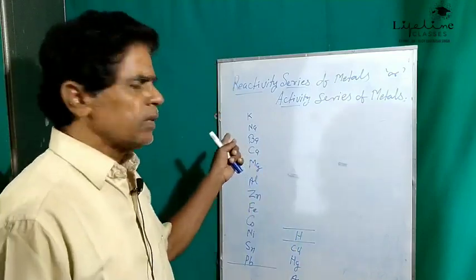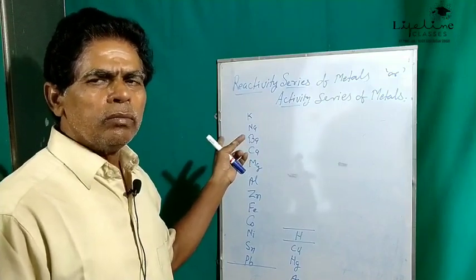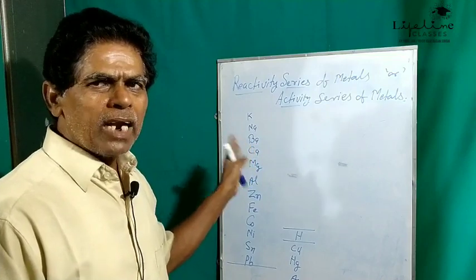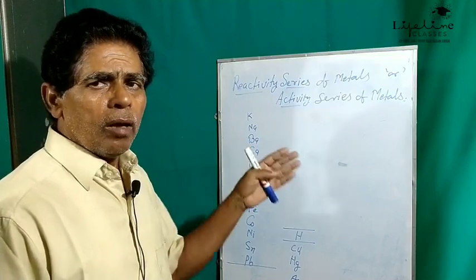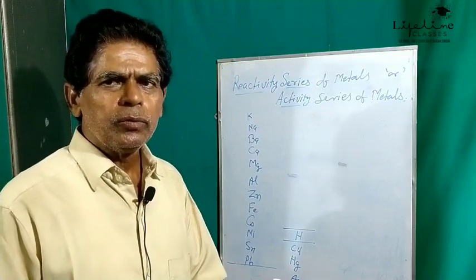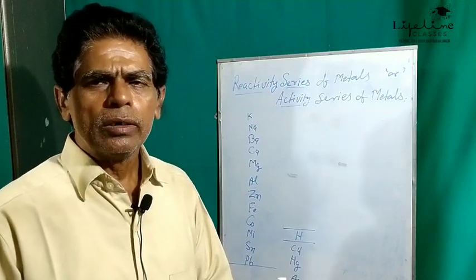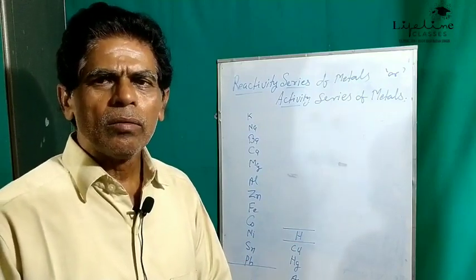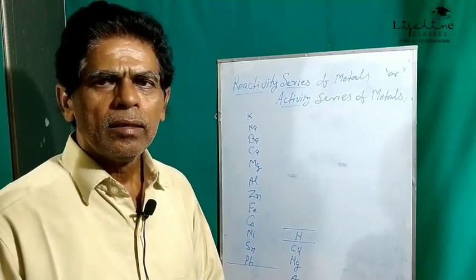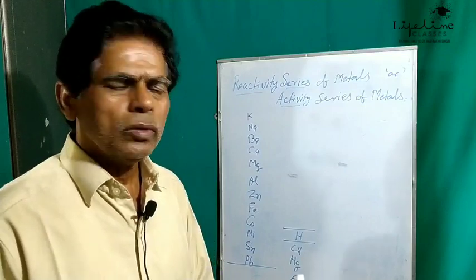See here, some of the most common metals are placed in the reactivity series, which are commonly used in the chemical studies of classes like class 10th, 11th, 12th and so on.